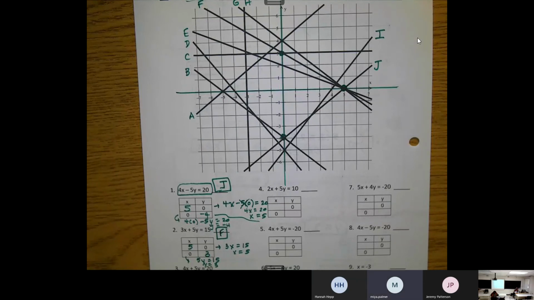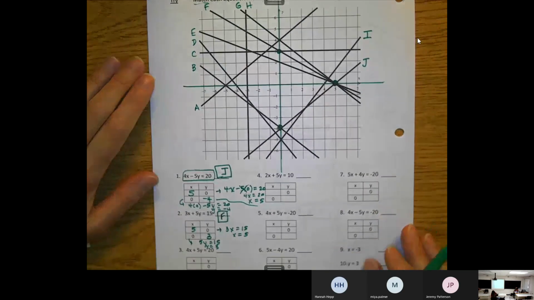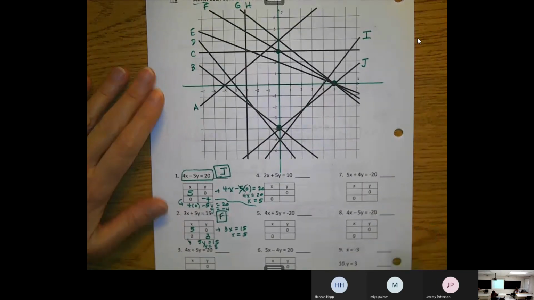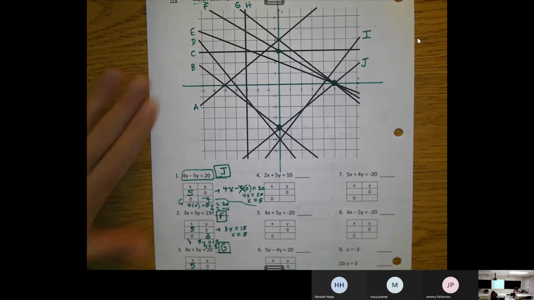Let me know when you get something matched up and we'll add it to the page here. Like maybe number 3. Let me know when you're ready for number 3. G. Sounding good.